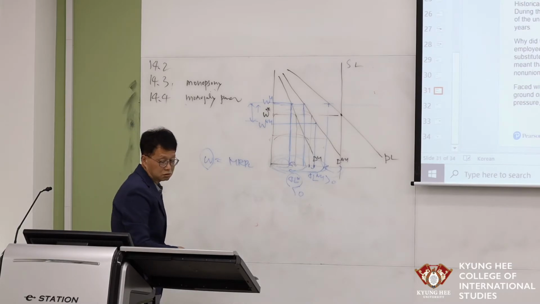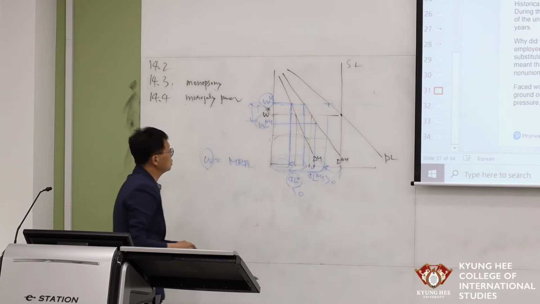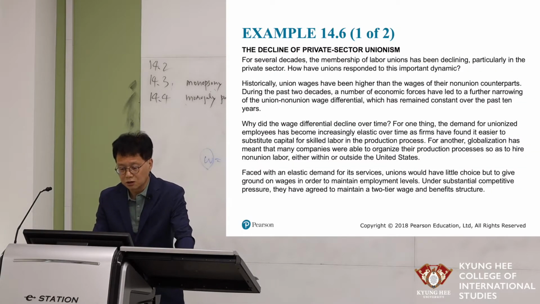So in the past 2 decades, the wage gap between unionized workers and non-unionized workers has shown a decreasing trend. Okay? There are 2 reasons for this. Number one, the demand for unionized workers has become increasingly elastic over time as firms have found it easier to substitute capital for skilled labor in the production process.